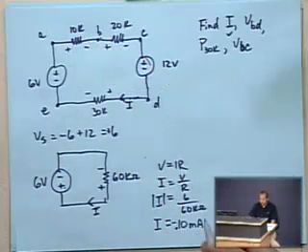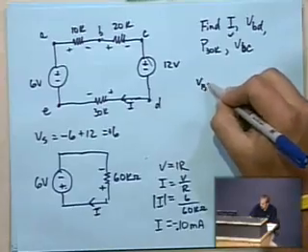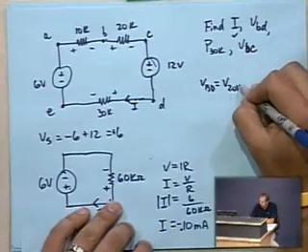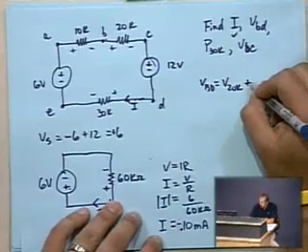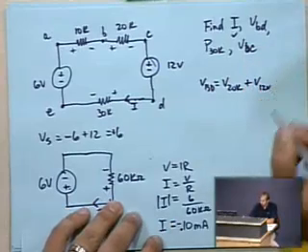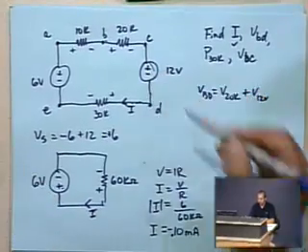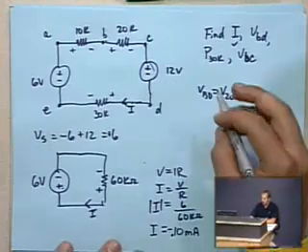We just need to remember that this is a negative current. So the voltage from B to D is equal to the voltage across the 20K resistor plus the voltage of the 12 volt source, which is 12 volts because we ran into the positive terminal first.